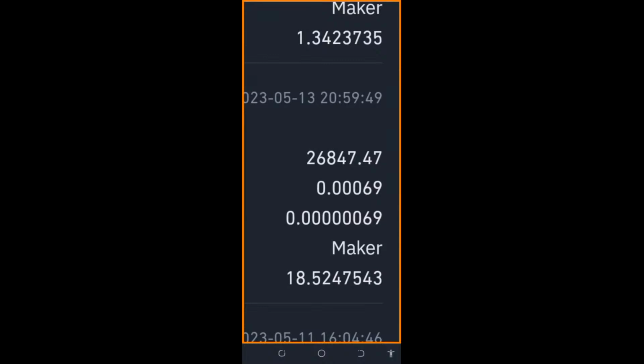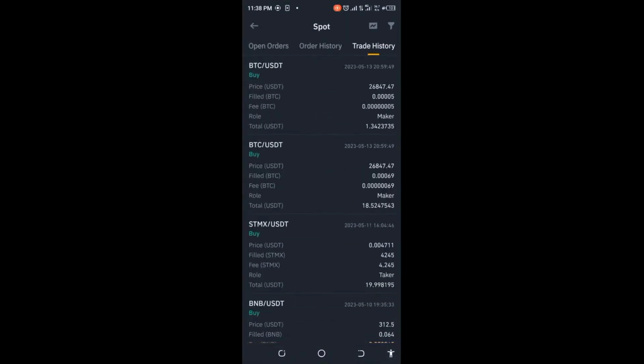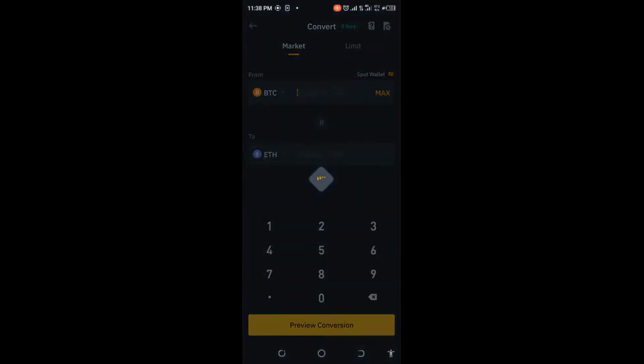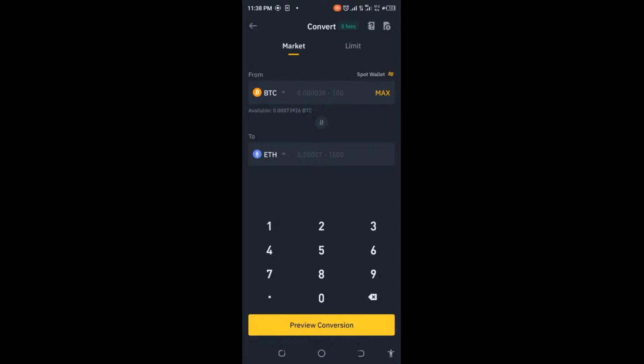I think so. Something like that. 19.86. Okay, so whatever we are going to get in convert, that's limit order to be precise, I'm going to have to make sure that we get more than 19.86, okay? Maybe like at least more than 19.87. Okay, so let's go and see whether we can do this.